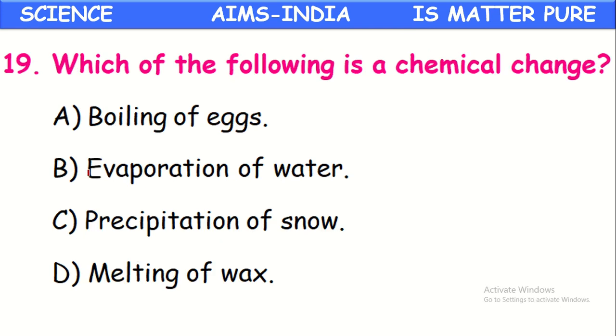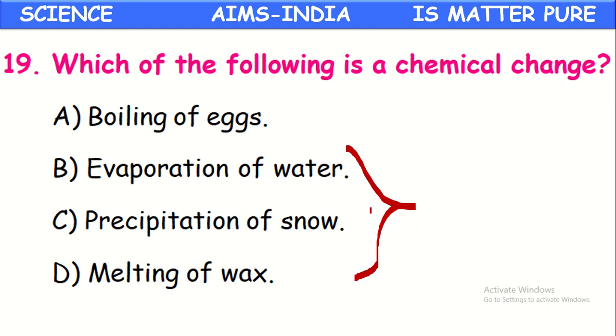See the next one. Which of the following is a chemical change? Boiling of eggs, evaporation of water, precipitation of snow, melting of wax. The change which cannot be reversed and the change in which there is formation of a new substance is called chemical change. If you observe among these, in these three processes, there is no formation of any new substance.